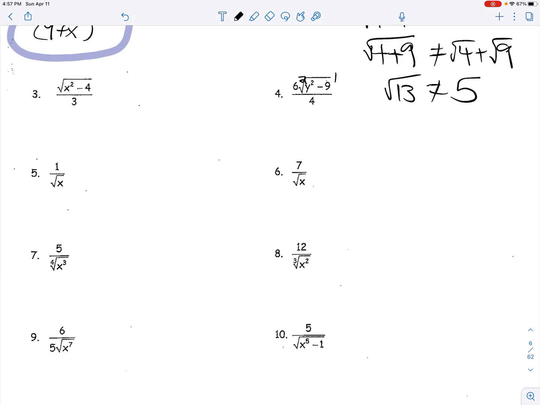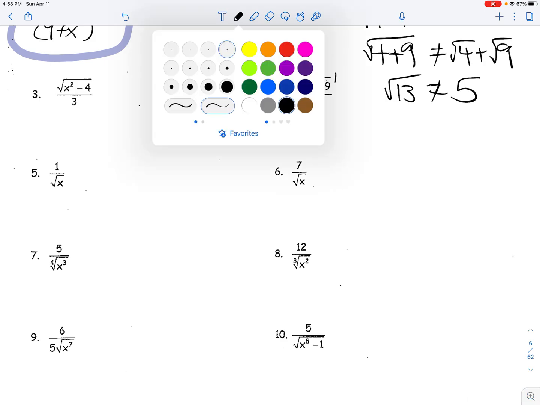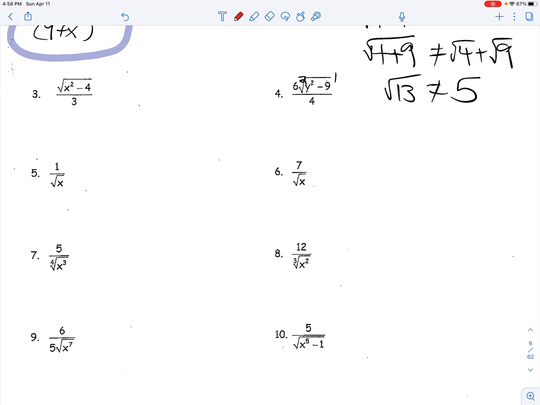It doesn't say to put it in simplest form here, but with 6 and 4 you can reduce. You don't have to.